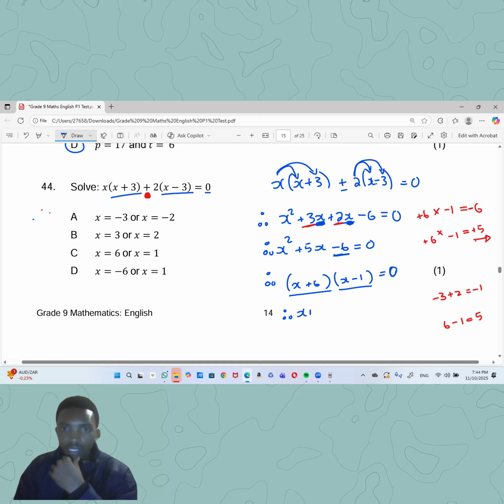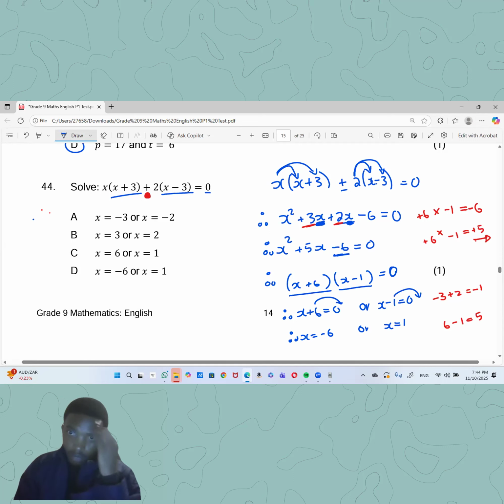So we're going to have x plus 6 is equal to 0 or x minus 1 is equal to 0. And then finally we take this one over to that side. X is equal to negative 6 or x is equal to 1. So our answer is 1. Which one now? D.